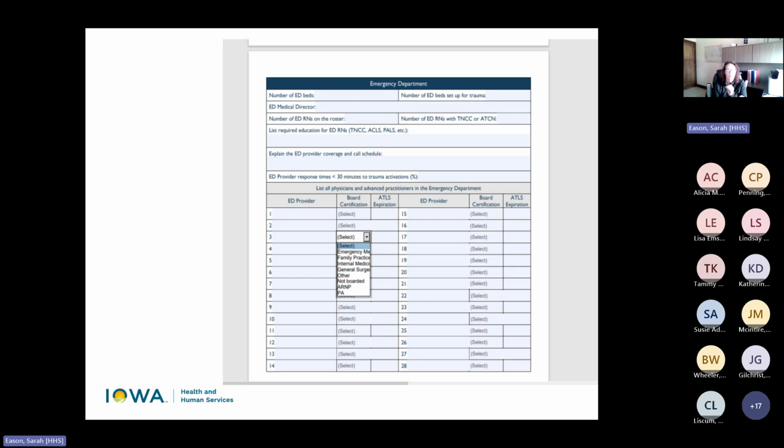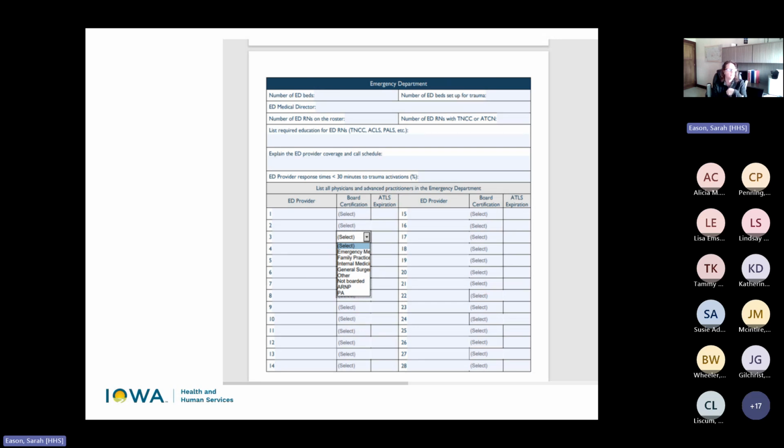But when I look at those schedules, I will be comparing that to this list on your SACA. And if I see a bunch of names, which may be a locum that happens to be one shift out of the 3 ED schedules that you submitted, that person better be on this list, because we don't want people in your emergency department taking care of your injured patients that don't have ATLS.